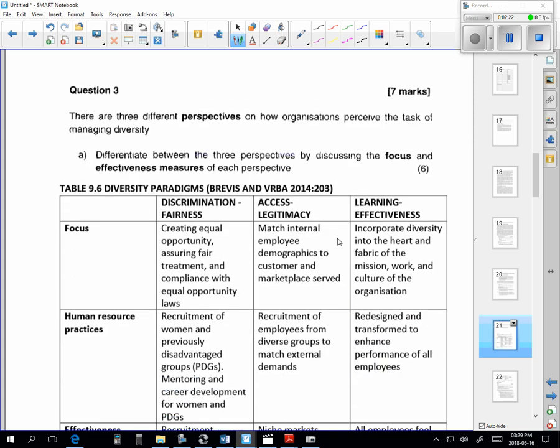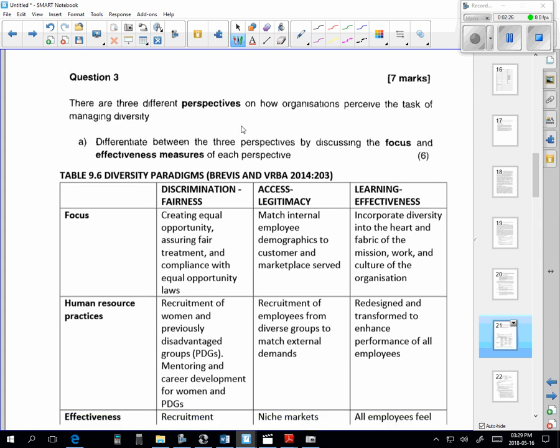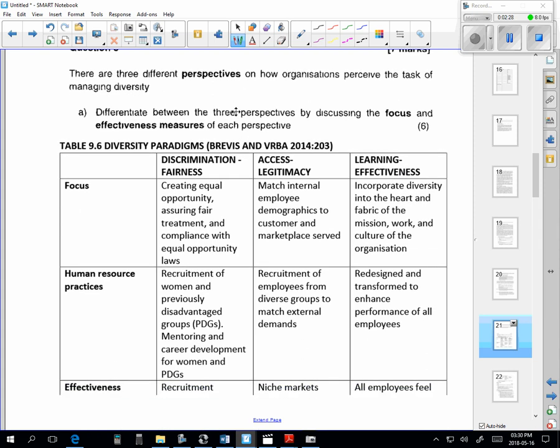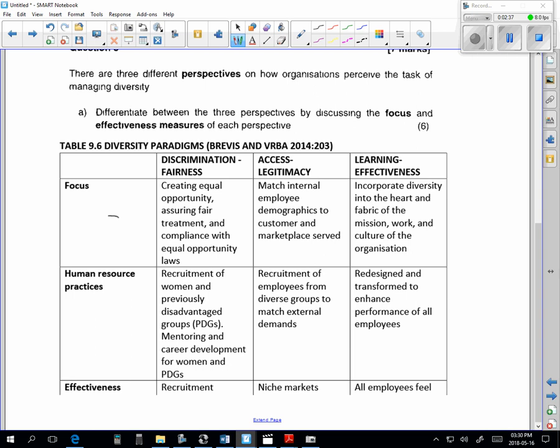And here are your 3 different perspectives on how an organization perceives the task of managing diversity. Differentiate between the 3 perspectives by discussing the focus and effectiveness. So they want you to discuss the focus and the effectiveness, which is here.